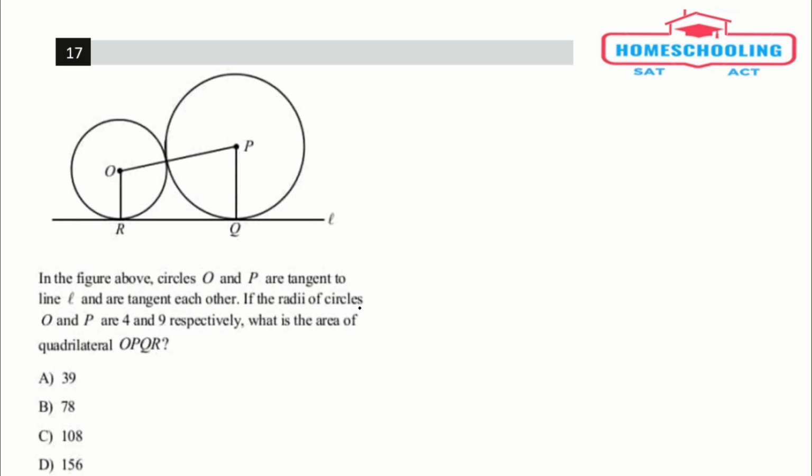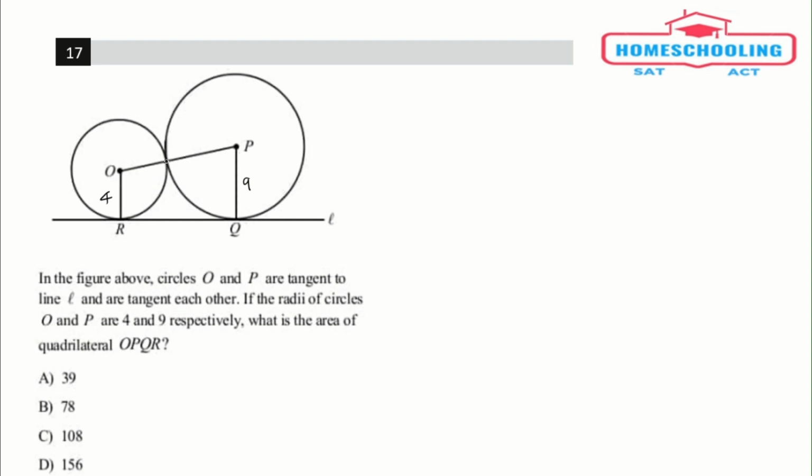If the radii of circles O and P are 4 and 9, so for the smaller circle the radius would be 4, and for the bigger circle the radius would be 9, so PQ is 9. What is the area of the quadrilateral? So we have to find the whole area. So OR is PQR.